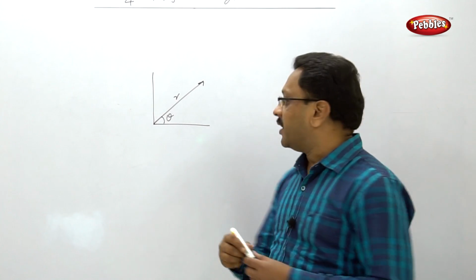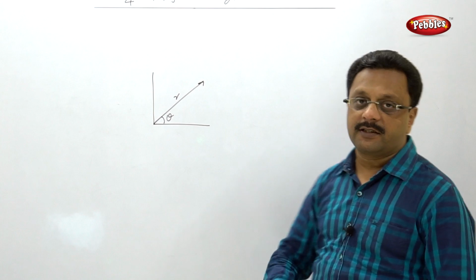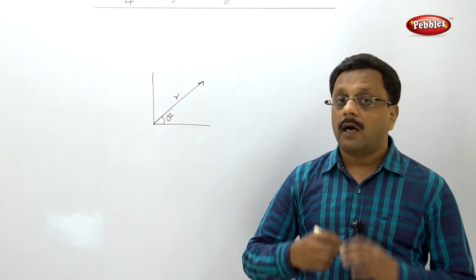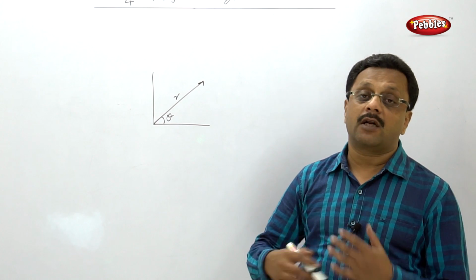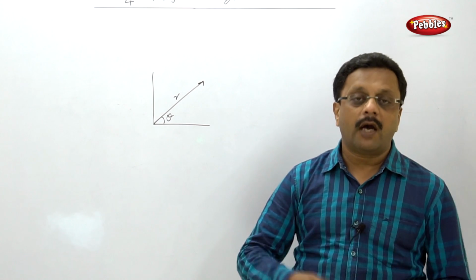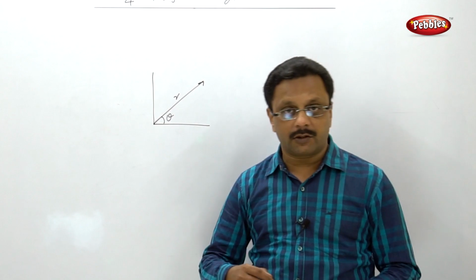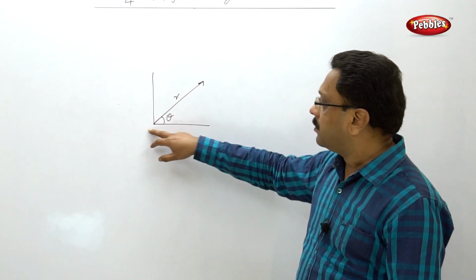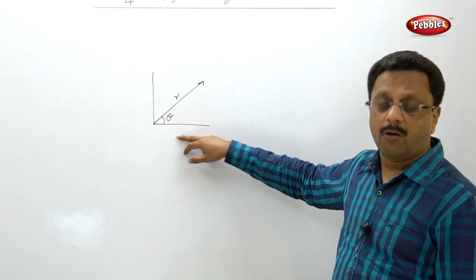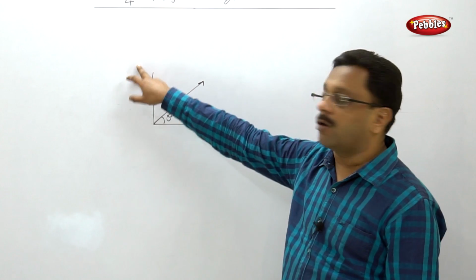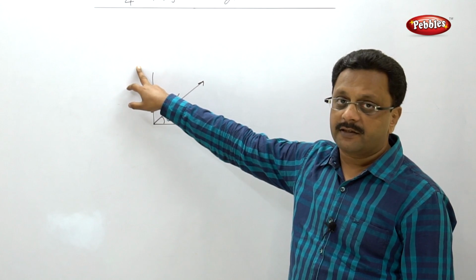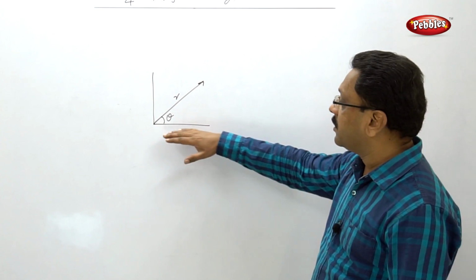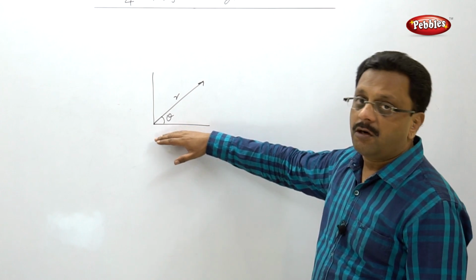Whenever such an angled vector is there, you have to find out which is r sin theta and which is r cos theta. That means you have to find out the components of this vector. This is one component, generally called the abscissa or x-axis, and this is called the ordinate, that is the y-axis. So how will you decide whether this is r cos theta or r sin theta?